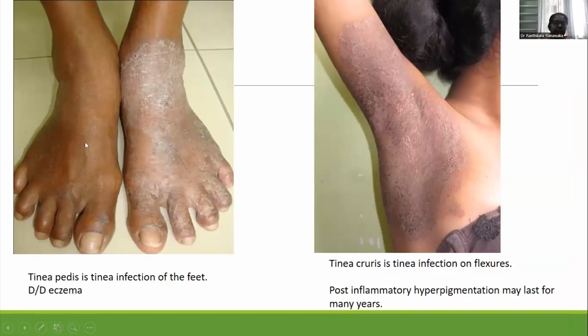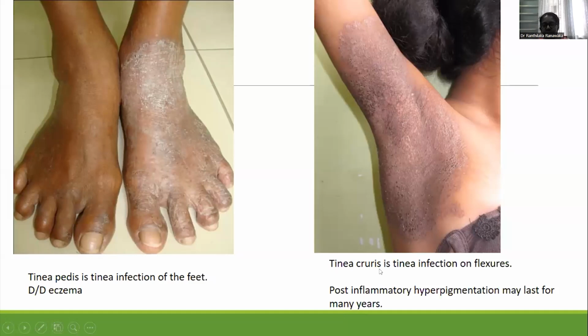When tinea affects the feet, it is called tinea pedis. If you look at only the front part of the feet, you won't diagnose this because the differential diagnosis is eczema. How you differentiate is, look at the lesion carefully, you will see this active inflammatory edge.